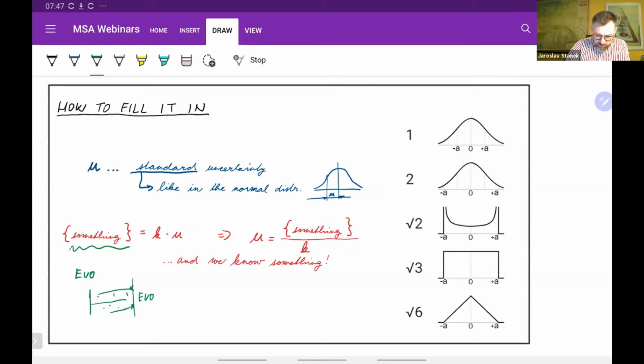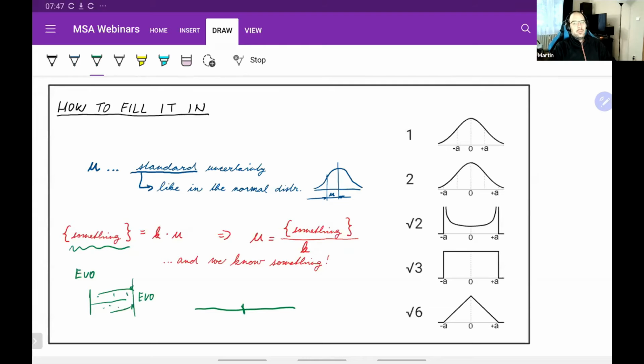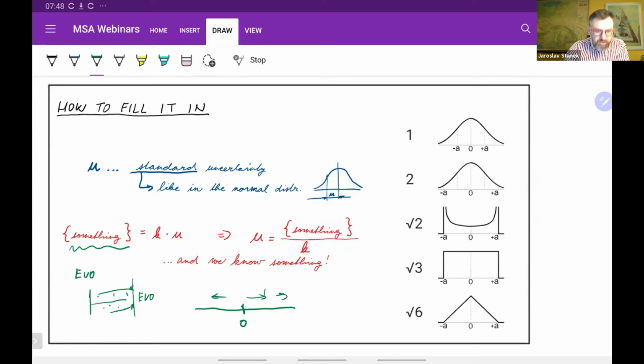And always with the measurement error, the assumption is that the measurement error in nominal state is 0, and it can move from that 0 to some dimension with certain statistical distribution, with certain probability distribution to be precise.